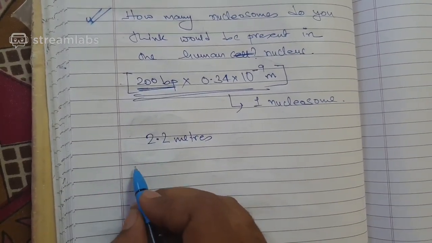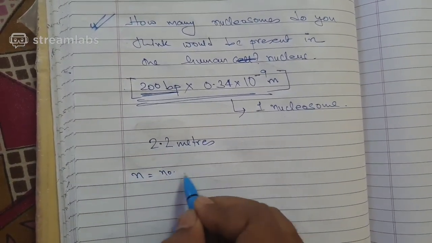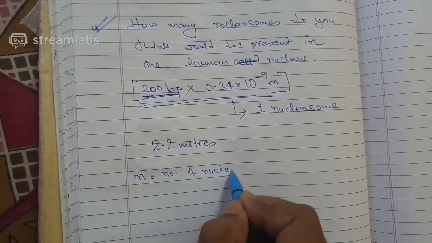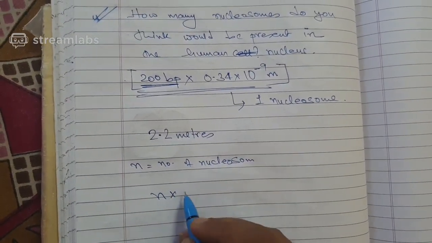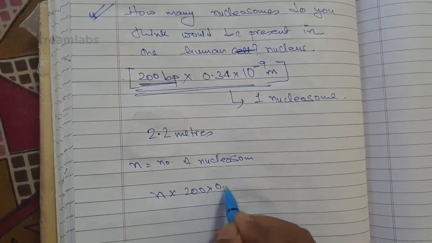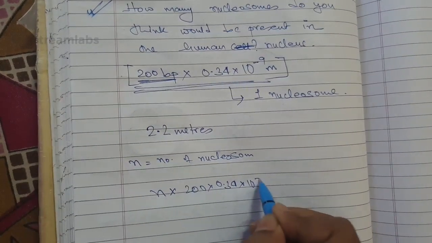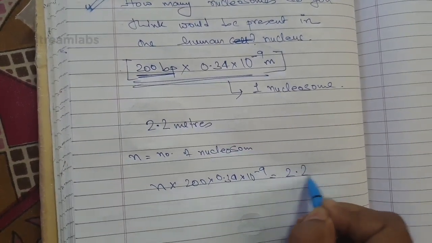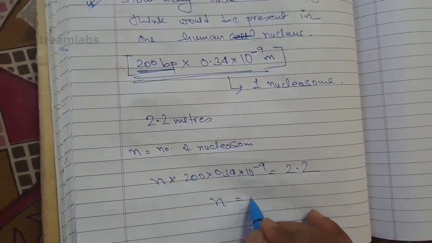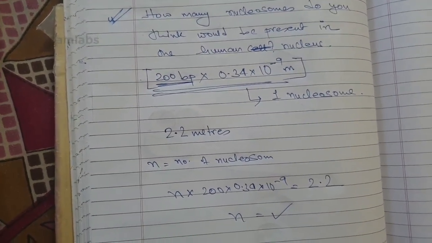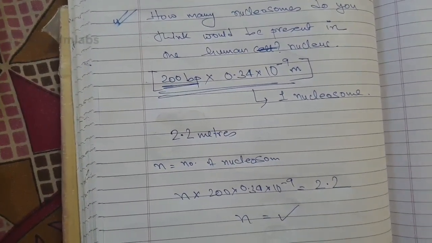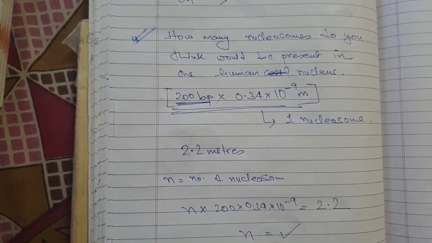So if n is the number of nucleosomes, then n into 200 into 0.34 into 10 to the power minus 9 must be approximately equal to 2.2, from where you can calculate n. So that is the funda. So I hope that the question that I have asked is clear.